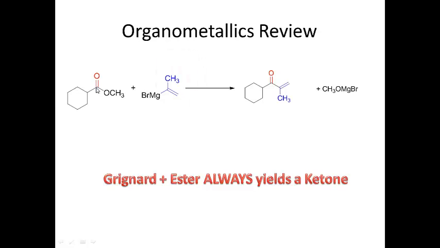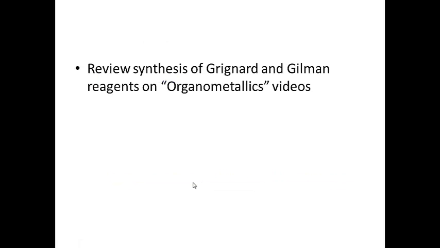And again, we've gone through this mechanism. You need to go back and look at it, but you get a ketone in the product, right? So remember, a Grignard plus an ester always yields a ketone. So you need to go back, look at the videos for Grignard and Gilman reagents. Those are on YouTube under organometallic.